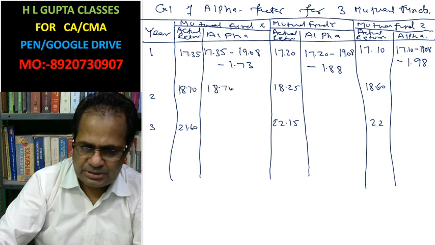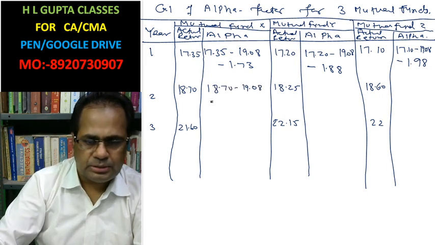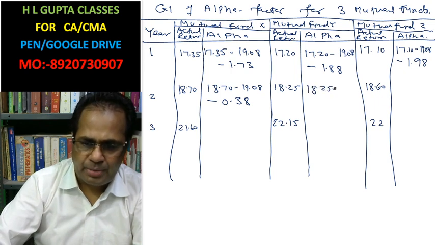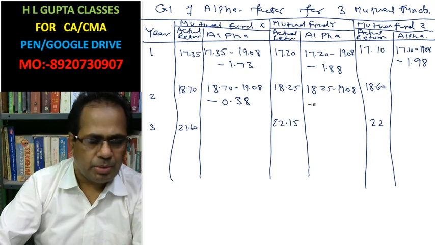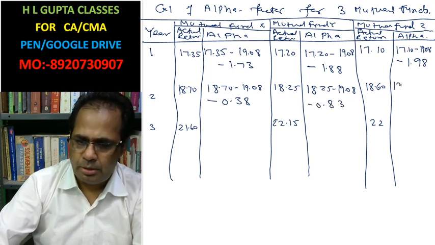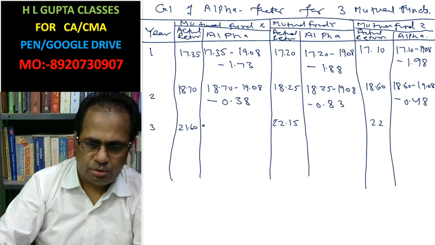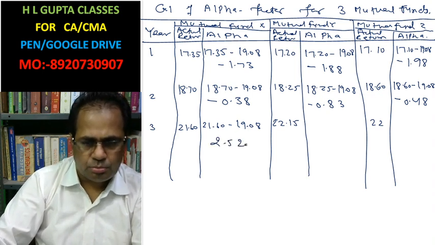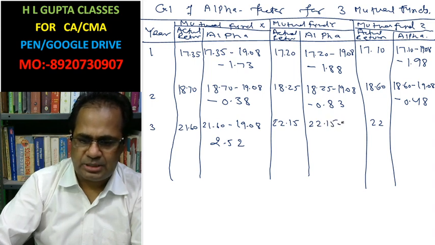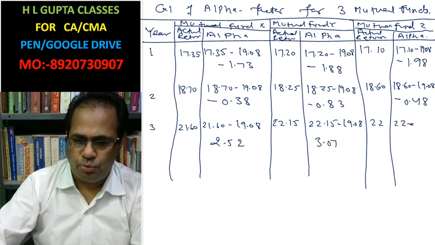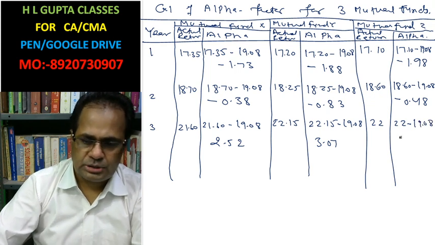This is 18.70 minus 19.08, this is minus 0.38. 18.25 minus 19.08, minus 0.83. 18.60 minus 19.08, this is minus 0.48. 21.60 minus 19.08, this is 2.52. 22.15 minus 19.08, this is 3.07. 22 minus 19.08, this is 2.92.